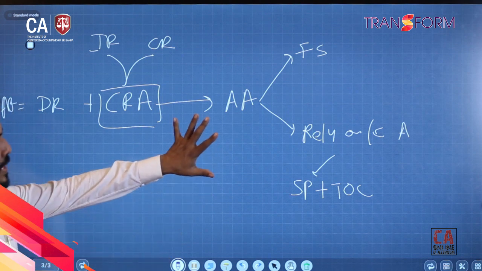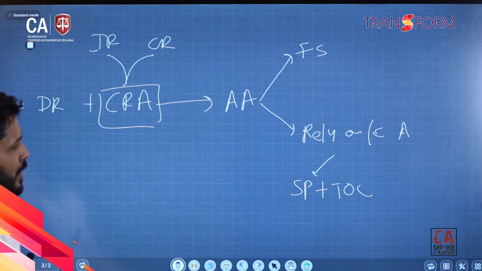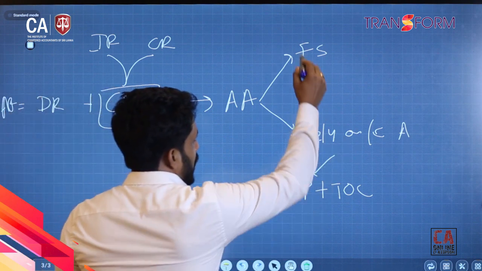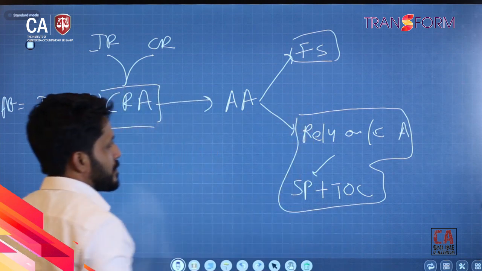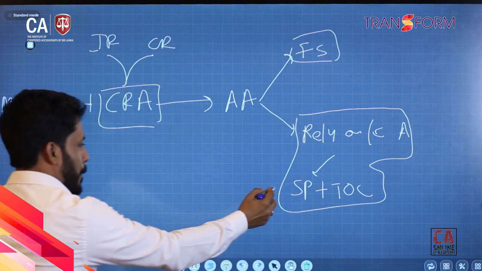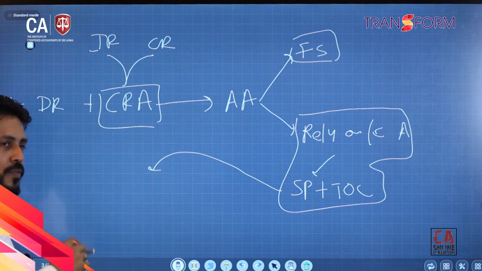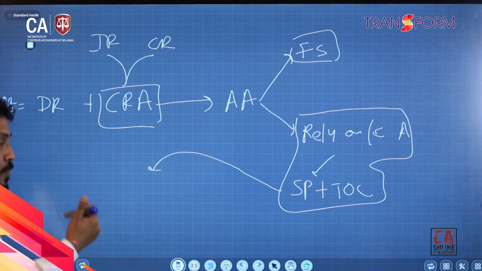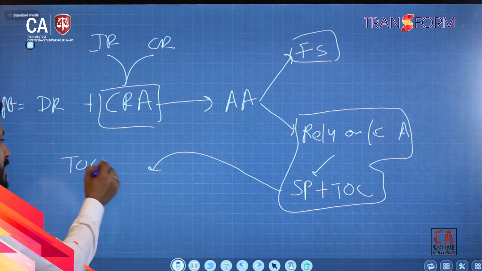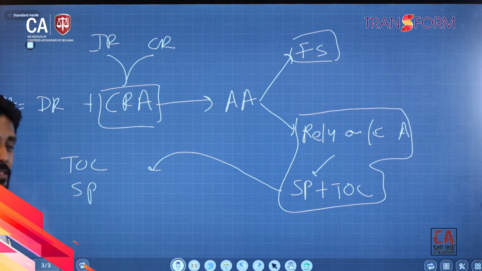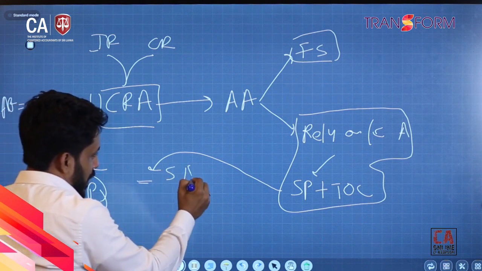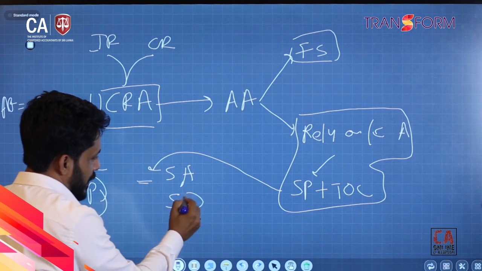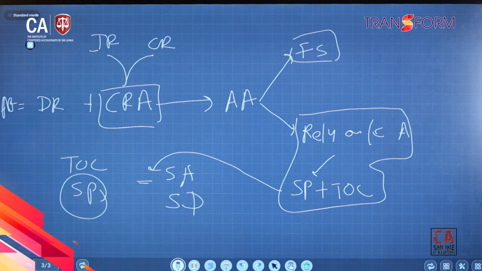So then we decide this audit approach and we perform audit procedures according to the audit approach we selected, which means TOC and substantive procedures, or only substantive procedures for significant accounts and significant disclosures, right?